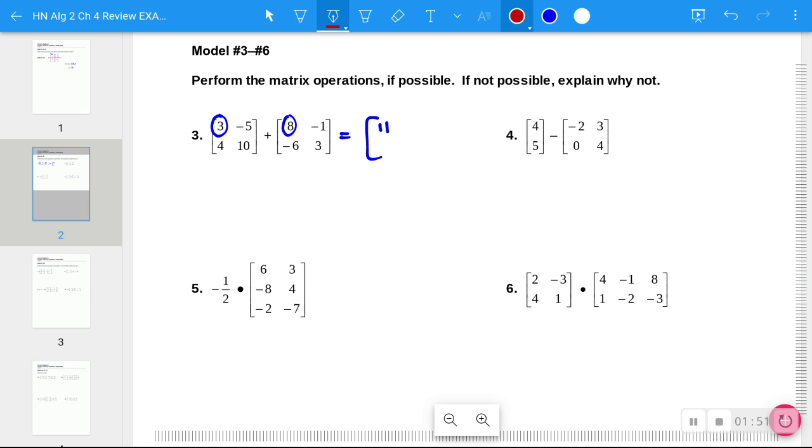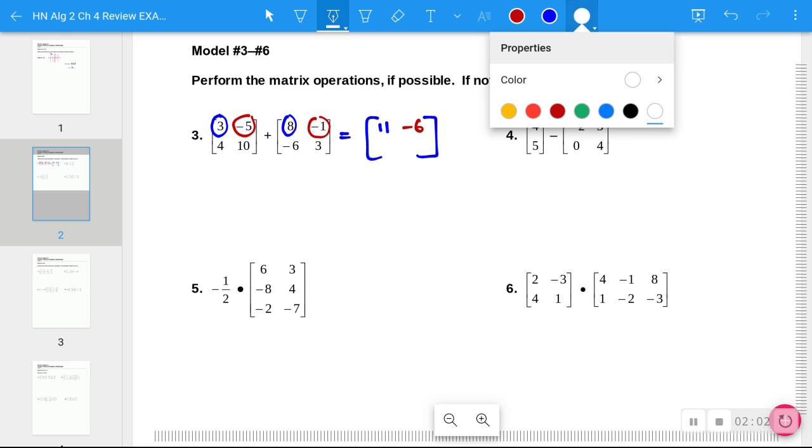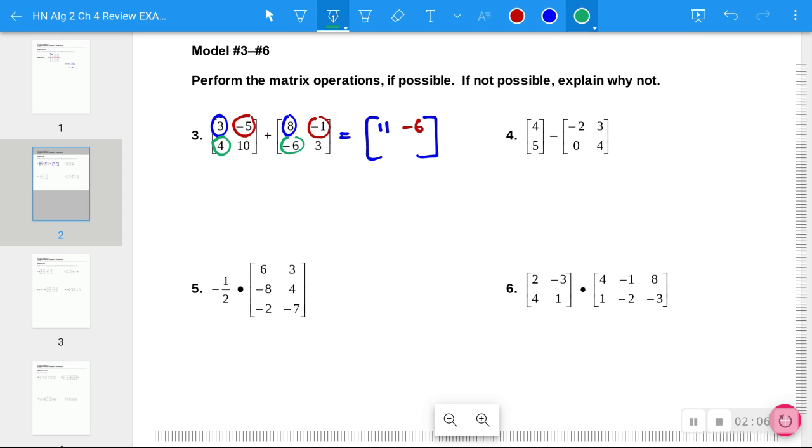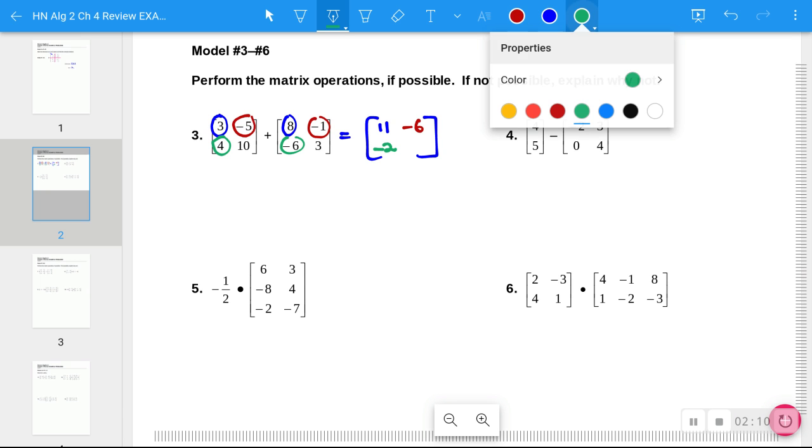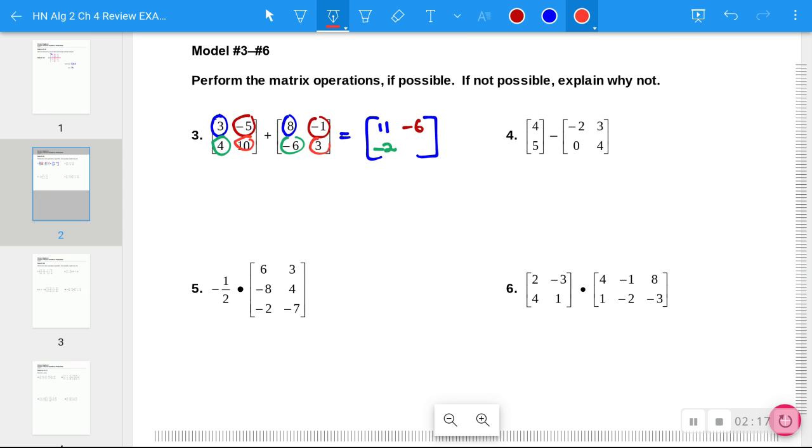And then -5 plus -1, which would be -6. In the bottom left-hand corner, 4 plus -6 would be -2. And finally, in the last corner, 10 plus 3 would be 13.